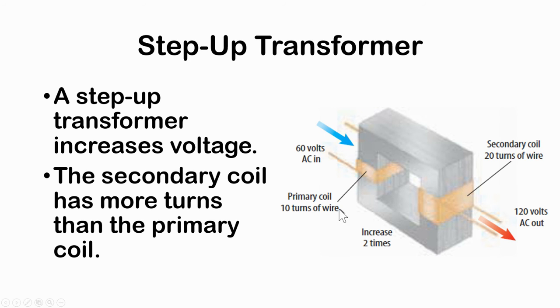Here it says it has 10 turns of wire. And over here it has 20 turns of wire, so it's been wrapped around 20 times. And because it goes from a small number of turns of wire to a large number of turns of wire, the way the universe works, it makes it increase its voltage. And so this would be considered a step-up transformer.